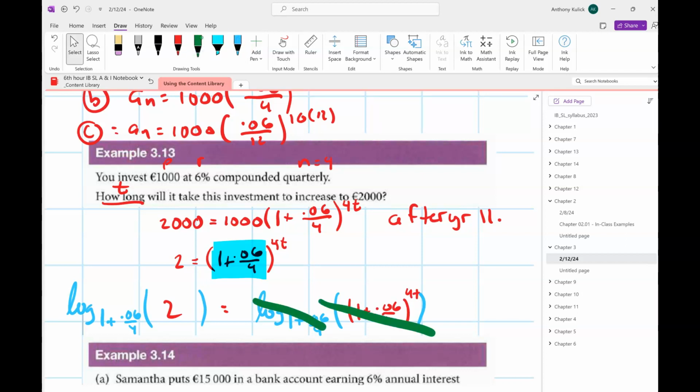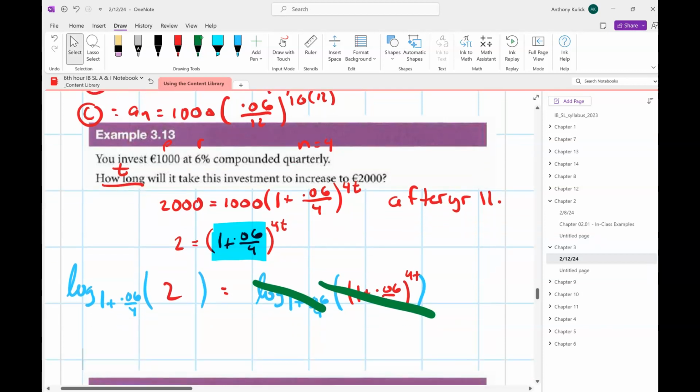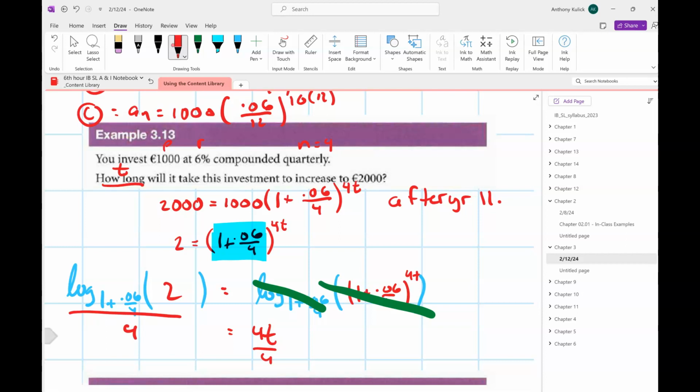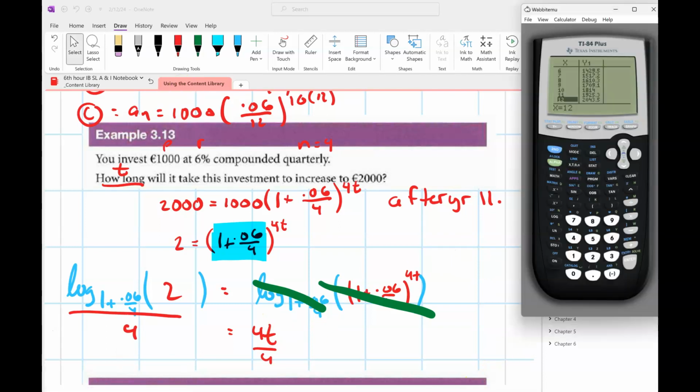So exponent base cancels log base. So I'm left with just 4t over on this side. So divide both sides by 4. And that's what I would type into my calculator.